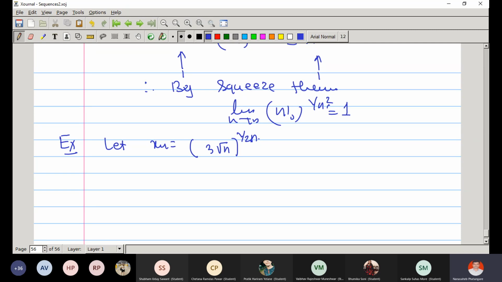You understand what is the limit of this sequence? Basically, what is it? 3 raised to 1 upon 2n into root n raised to 1 upon 2n, right? And what is the limit of 3 raised to 1 upon 2n? Actually, it is the limit of 3 raised to 1 by 2 raised to 1 by n.